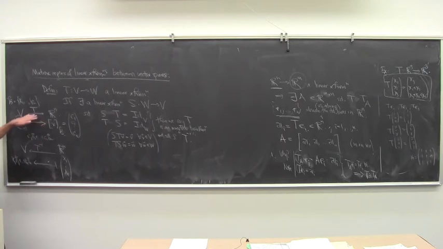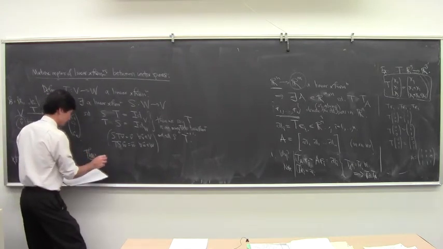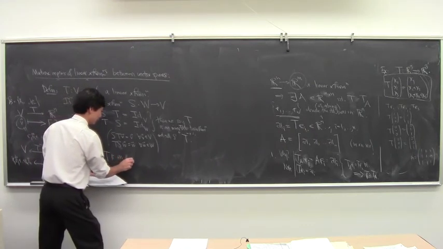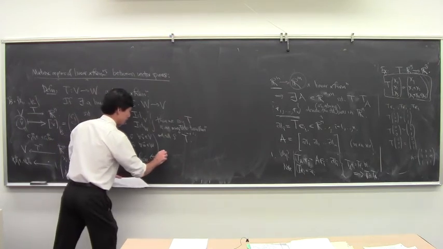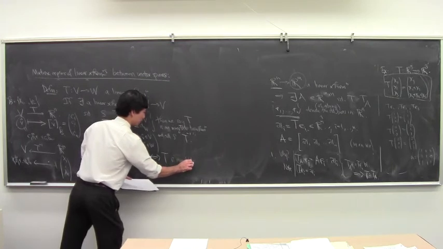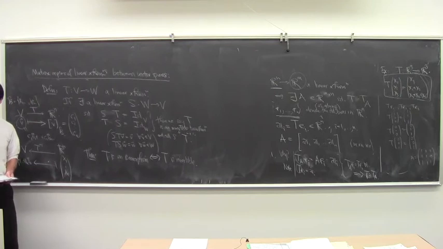So this is the transform, and this is its inverse. There's a theorem that says that T is an isomorphism, that is, it's one-to-one and onto, if and only if T is invertible.